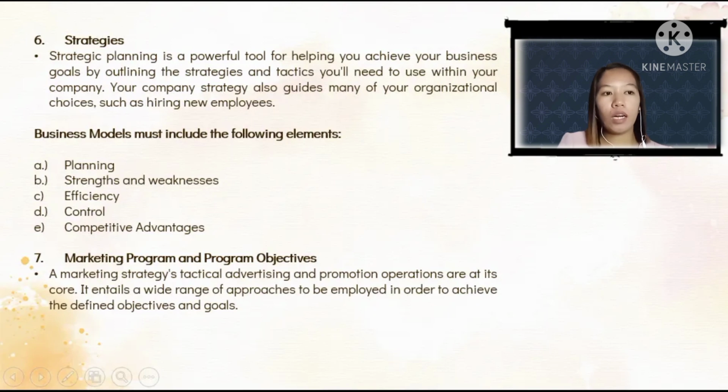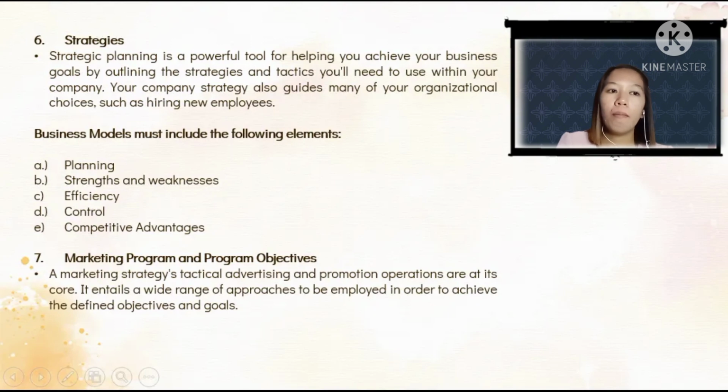By developing a clear strategy for achieving your objectives, you can concentrate on capitalizing on your strengths and leveraging them as a competitive advantage that distinguishes your organization in the marketplace.